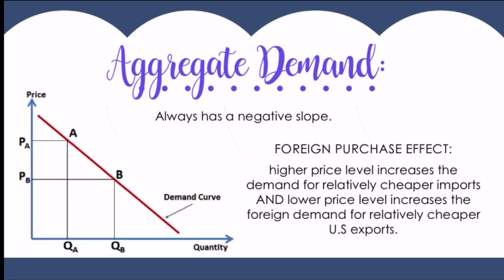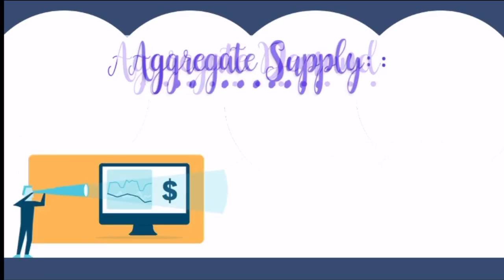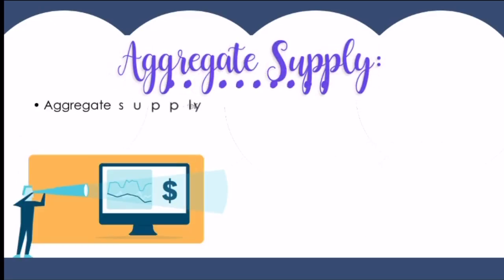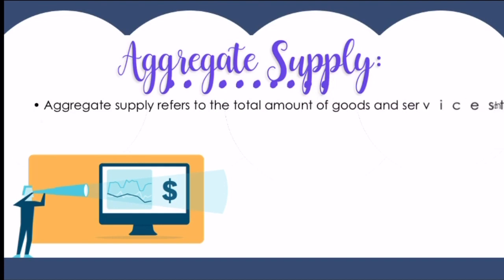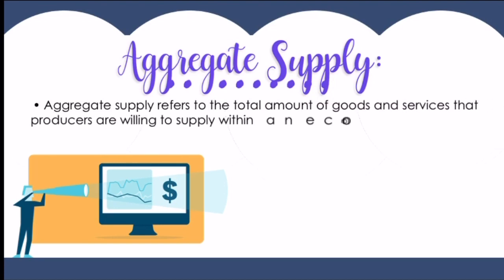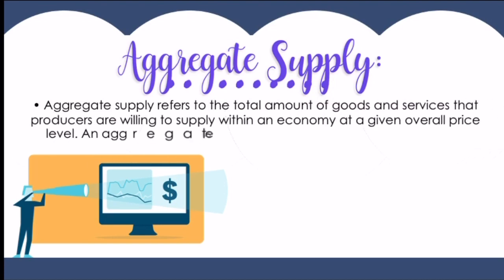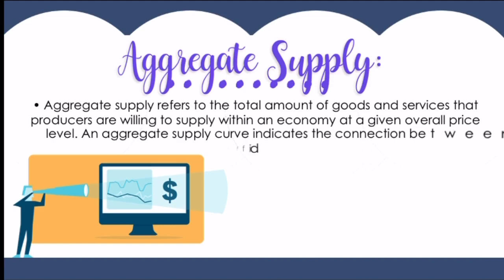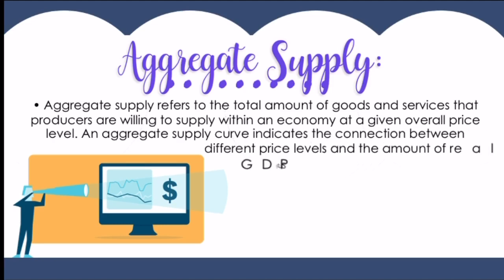Aggregate supply refers to the total amount of goods and services that producers are willing to supply within an economy at a given price level. An aggregate supply curve indicates the connection between different price levels and the amount of real GDP supplied.